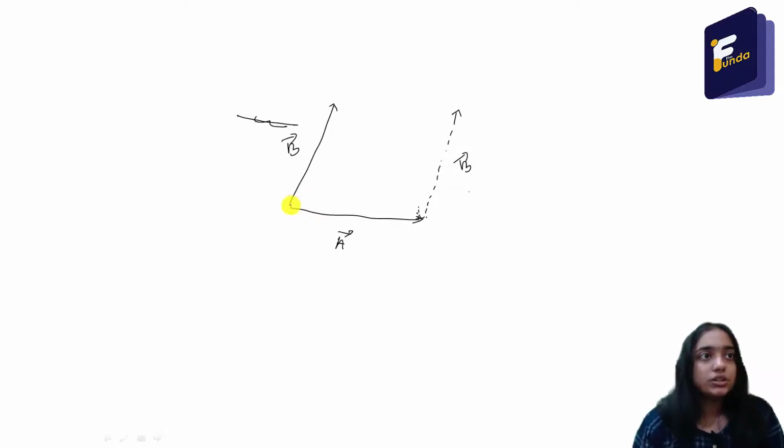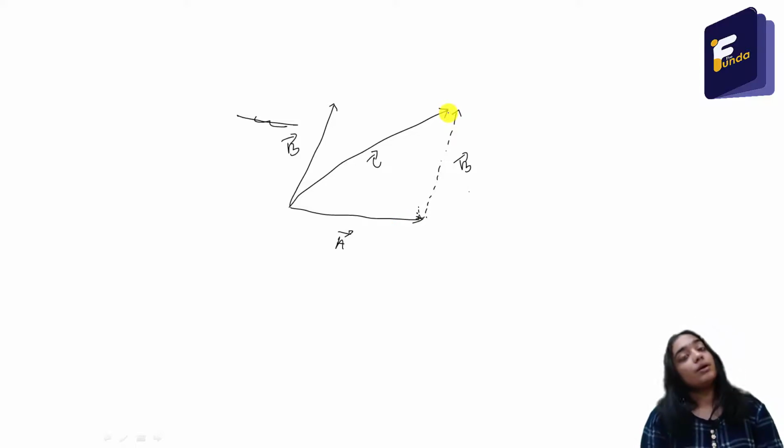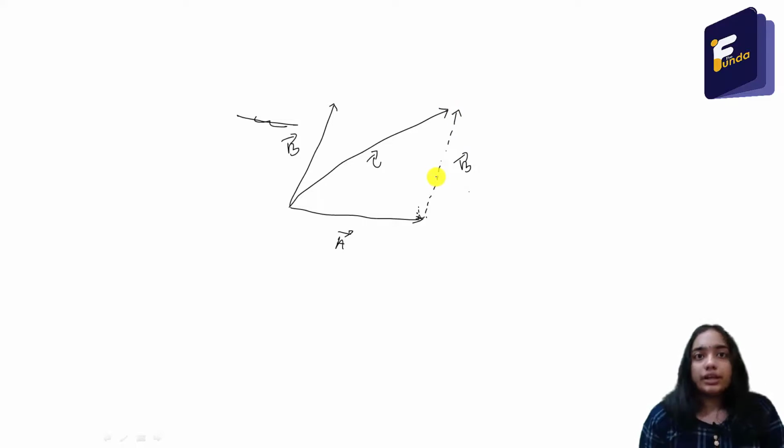Just by using the triangle law. This is the sum. Assume this line is straight. So this is the C vector, that is the addition of A vector and B vector. Here I have used the triangle law. Another way to think is that I have just shifted B vector to this point, and I have added A vector and B vector.